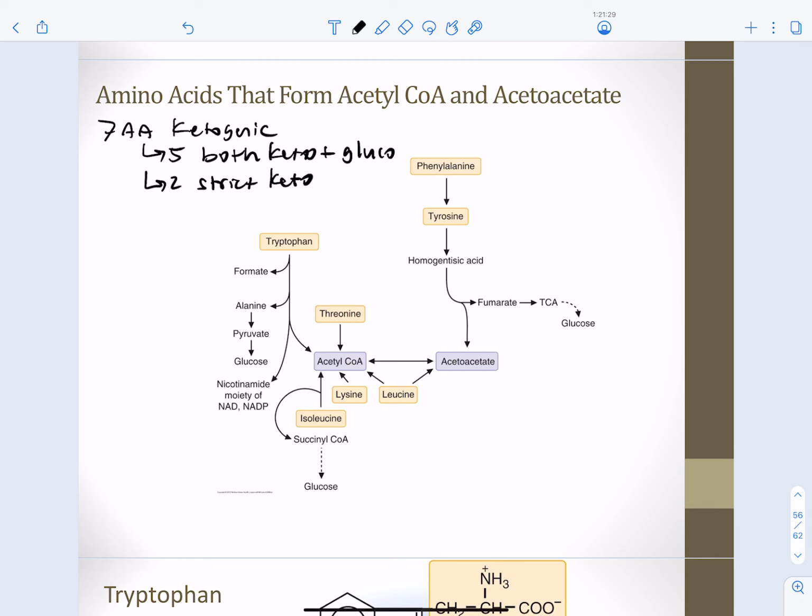If you remember the 2 strict keto, and the 5 that are gluco and ketogenic, then all other amino acids are glucogenic. The 2 that are strict ketogenics are lysine and leucine.